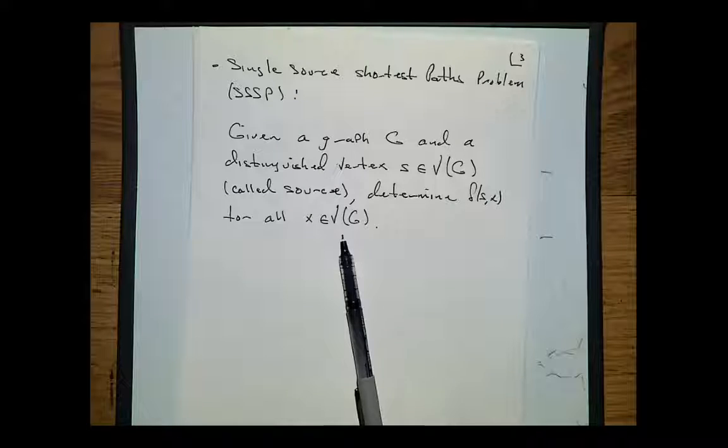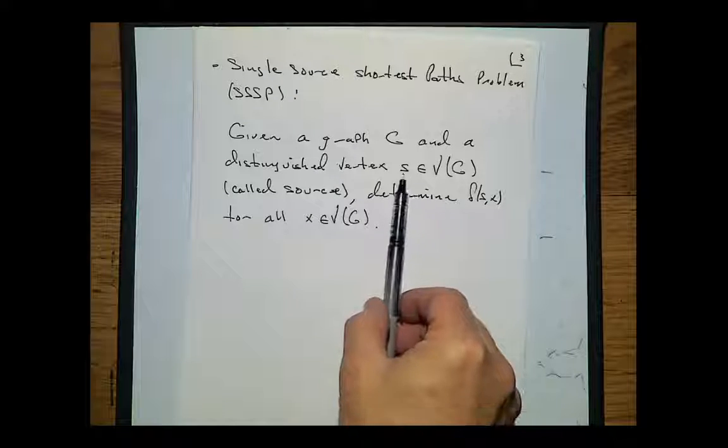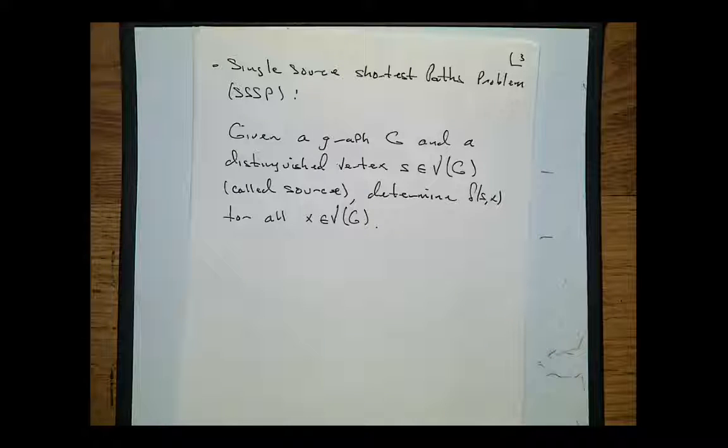Okay, so find the distance from S to every other vertex in the graph. We can say straight away that delta SS is 0.